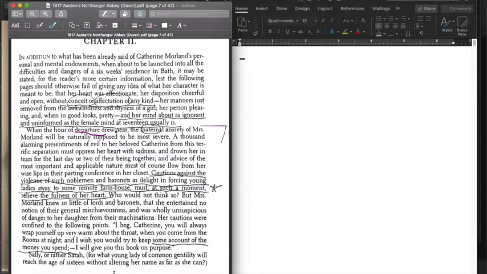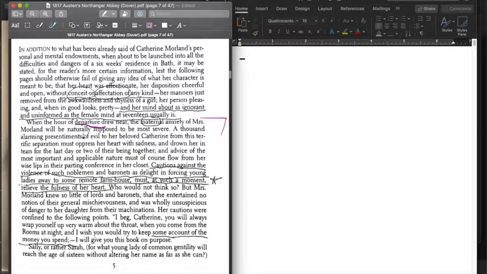So when the hour of departure drew near, the maternal anxiety of Mrs. Morland would naturally be supposed to be most severe. A thousand alarming presentiments of evil to her beloved Catherine from this terrific separation must oppress her heart with sadness and drown her in tears for the last day or two of their being together.